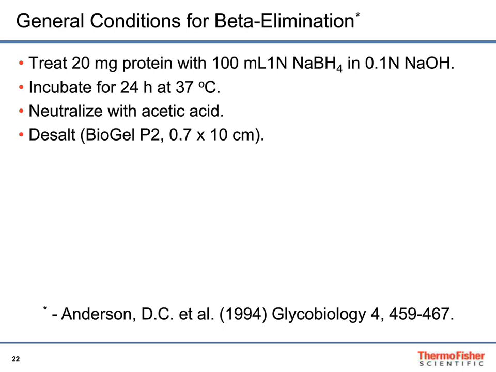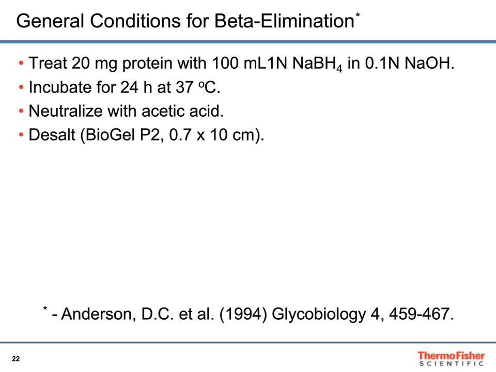As you see there, we're putting the oligosaccharide, or the glycoprotein, in sodium borohydride with sodium hydroxide present, or really sodium hydroxide with sodium borohydride present is the better way to think about that. And we end up having to clean up the sample some. In this case, we've desalted with Biogel P2. There are other ways of cleanup, but generally the sample's cleaned up before it is then analyzed by HPAE-PAD or another technique.